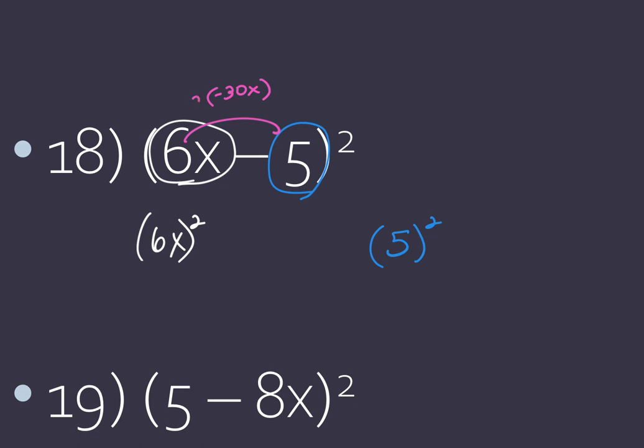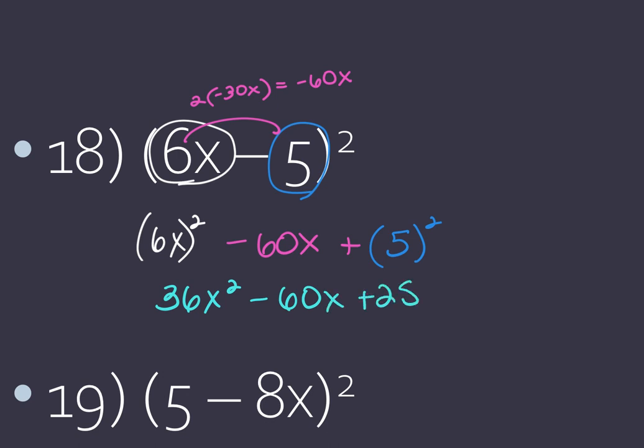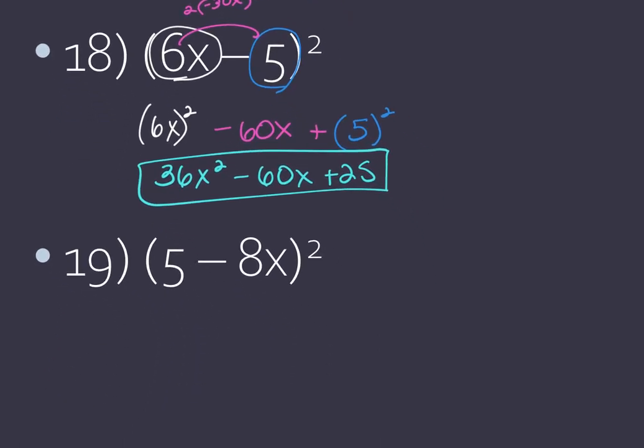And then I multiply that times 2, and I get negative 60x. So this becomes 36x squared minus 60x plus 25. Square the first, square the last, double the product in the middle. We'll come back to 19 again on Monday.